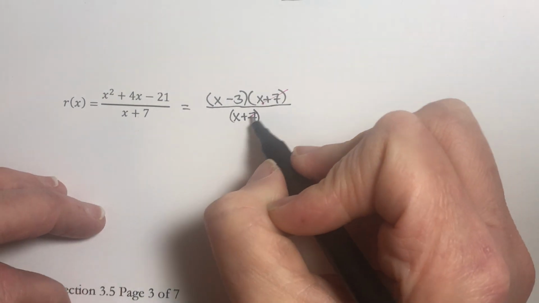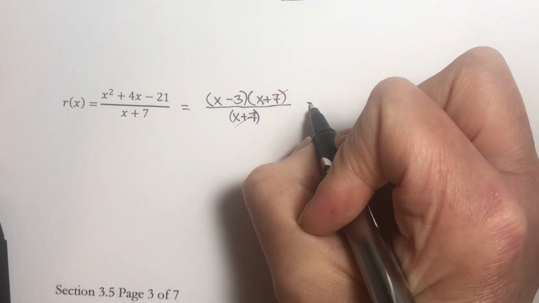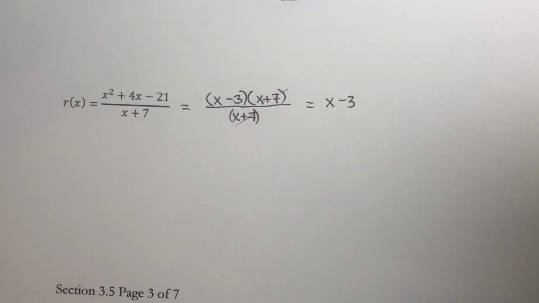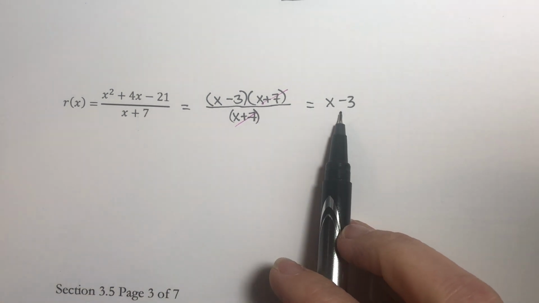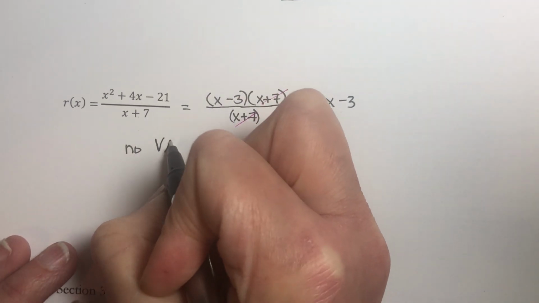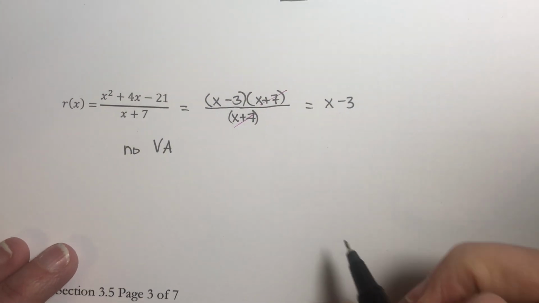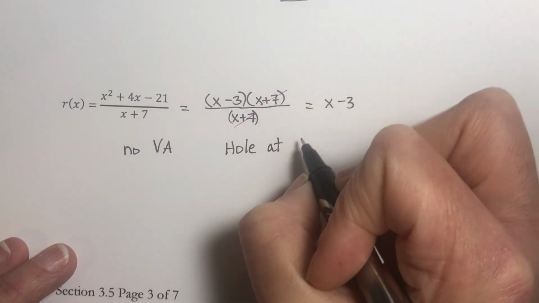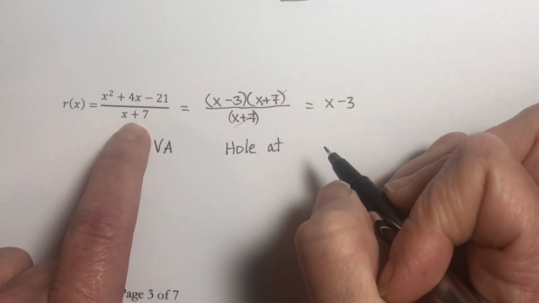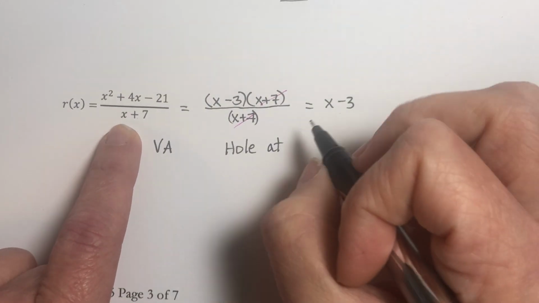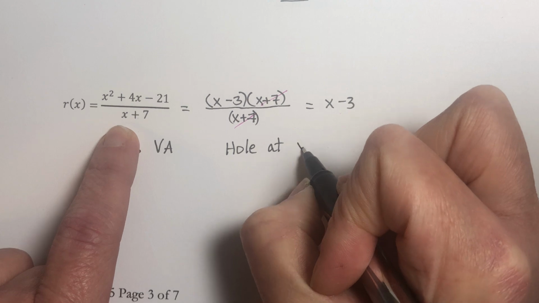And then these cancel out. And I have just x minus 3, which means I no longer have a rational here. I have a linear function. So that means there's no vertical asymptote. But it does have a hole. Hole at, what makes this a 0? -7, right? So -7 would not be part of our domain.